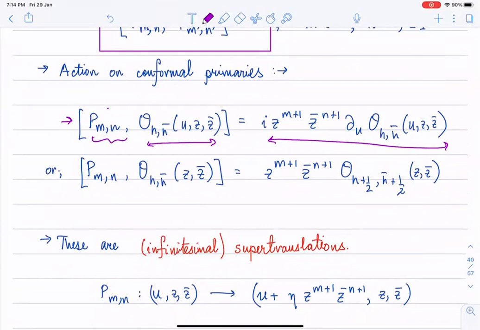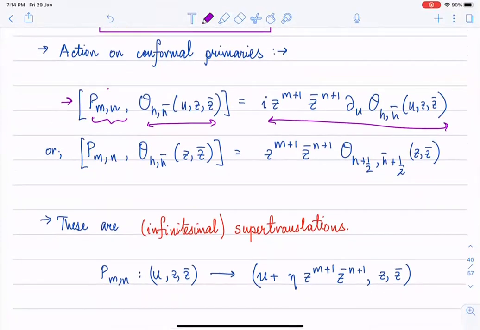and that is because if you look at the geometric action of how these Pmn act on the u, z, z bar coordinates, it turns out that u gets translated by some factor like this.